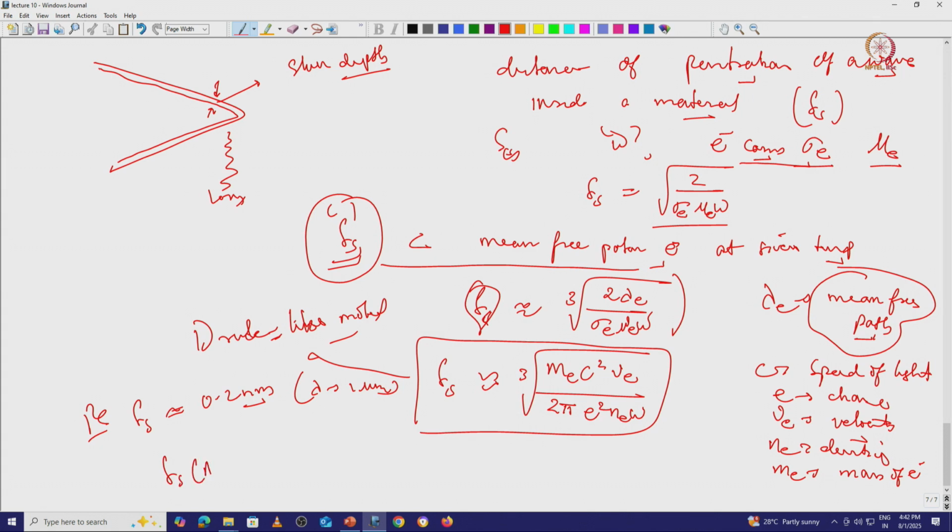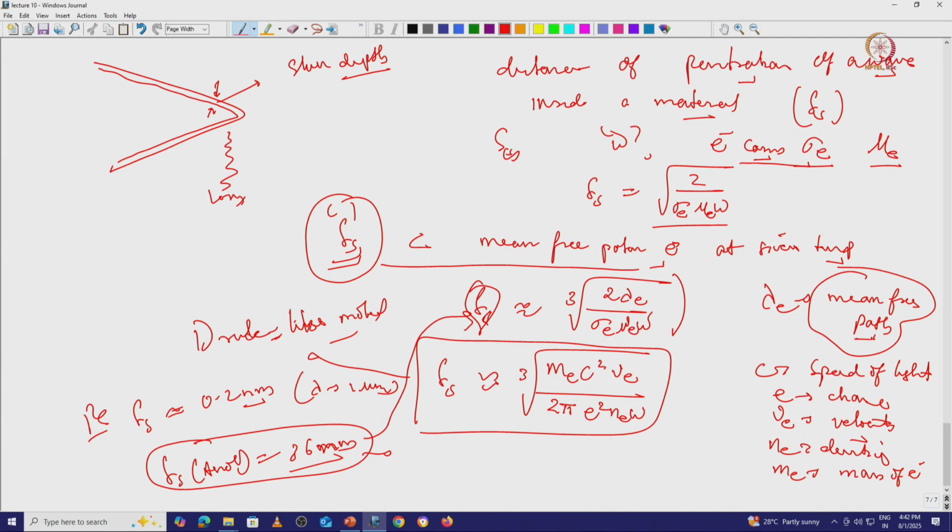Delta S analogous is calculated as 36 nanometers. This means that the penetration of the wave is much greater than expected. Okay, this is when your delta is much less than the mean free path lambda E of the electron.